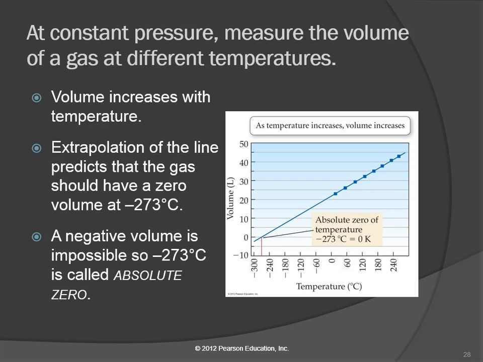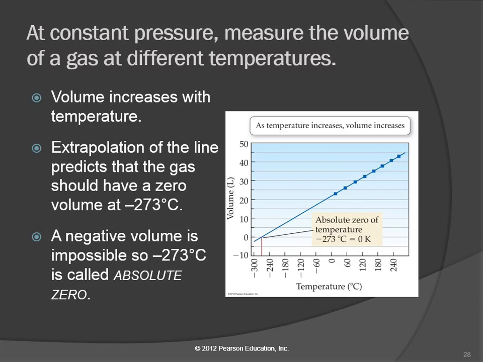So you can graph these points, and here's 0 Celsius. But these form a straight line, and if you draw that straight line through at 0 volume, that would occur at minus 273 degrees Celsius.